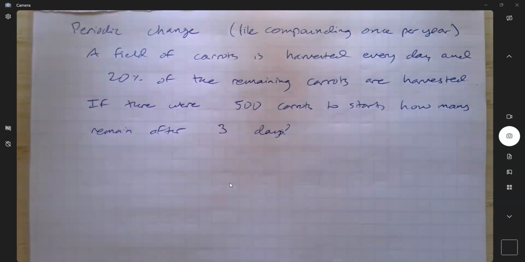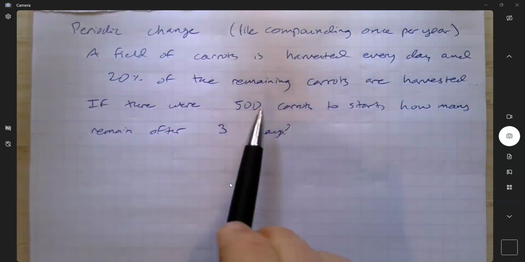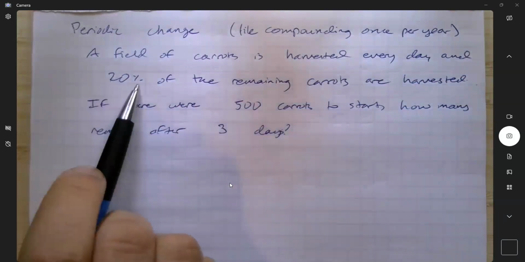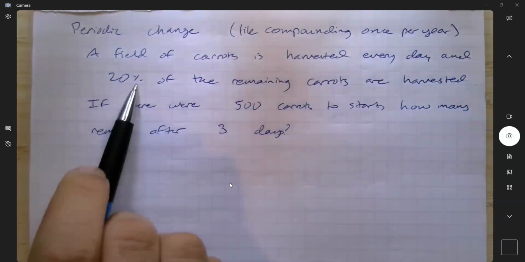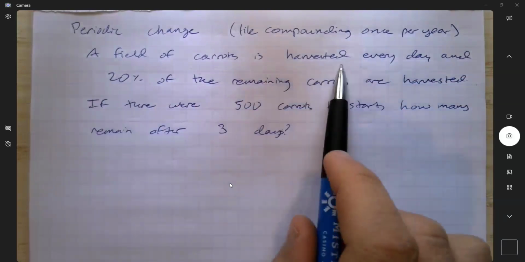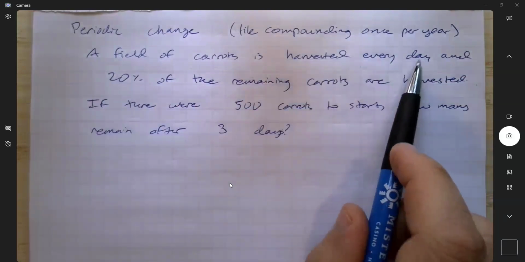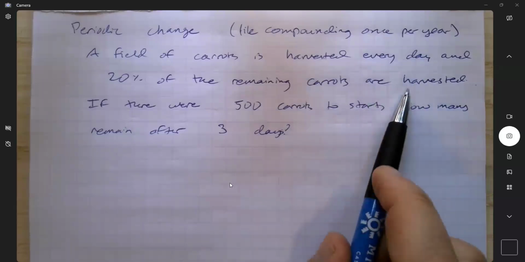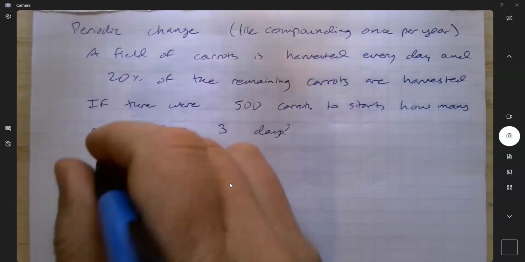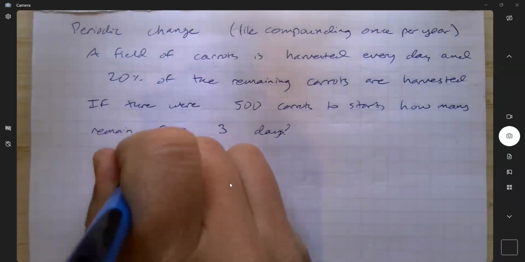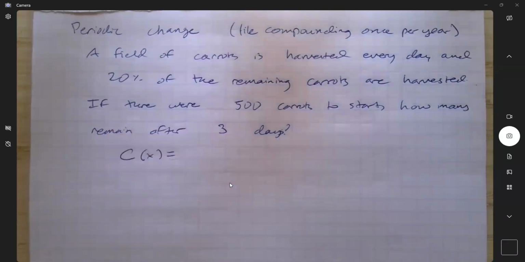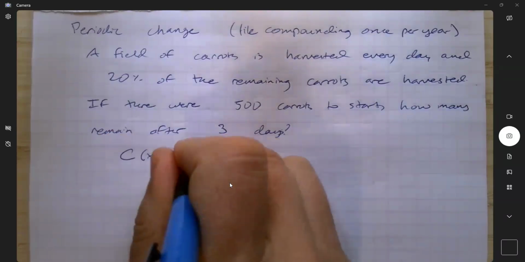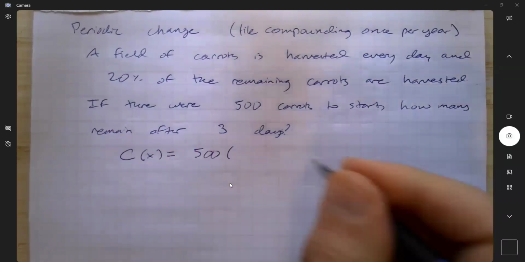So we say, okay, it is a change by multiplication because it's 20%, but it's not saying the carrots are harvested continuously. They're harvested every day, right? That's the period, every day. And every day they harvest 20%. So carrots, as a function of time, should start with 500.